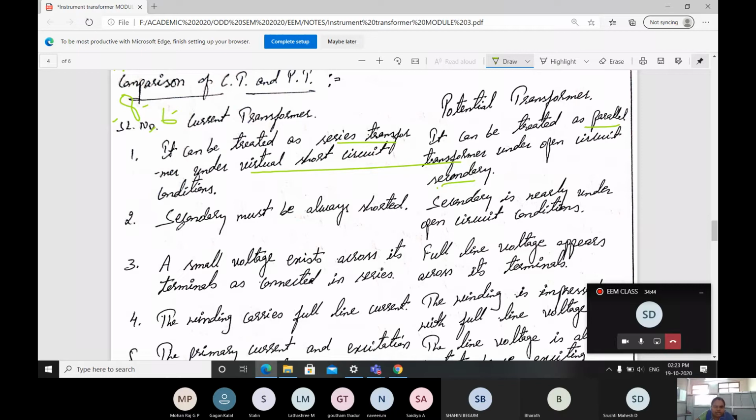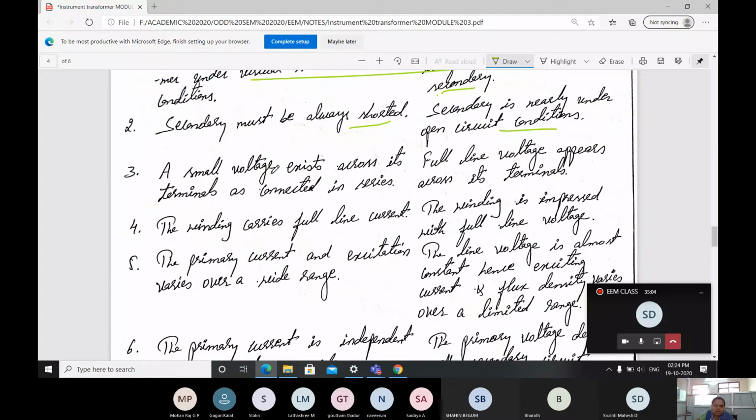Then the second point is, secondary must always be shorted. In the current transformer, the secondary must always be shorted. Then in the potential transformer, the secondary is nearly under open circuit condition. Then the third one is, a small voltage exists across its terminals as it is connected in series.